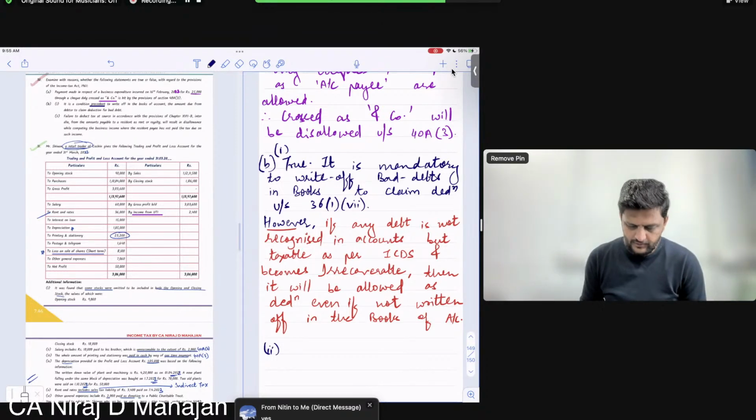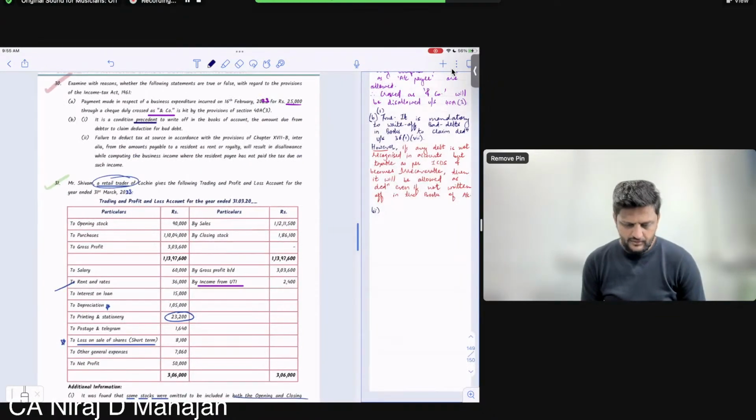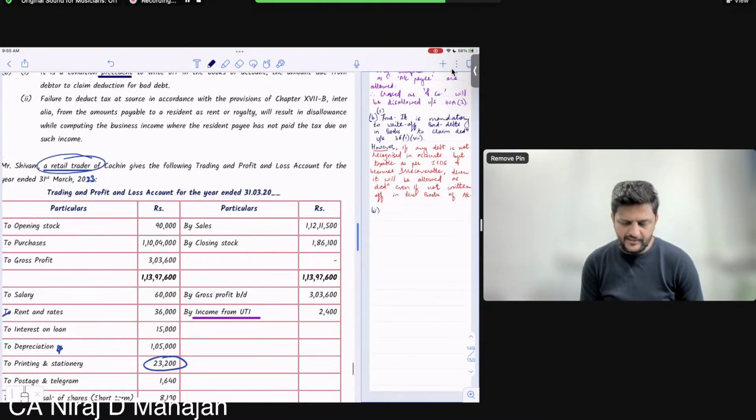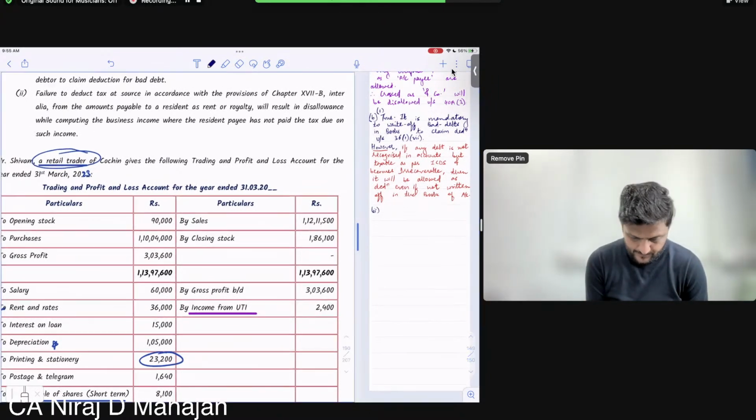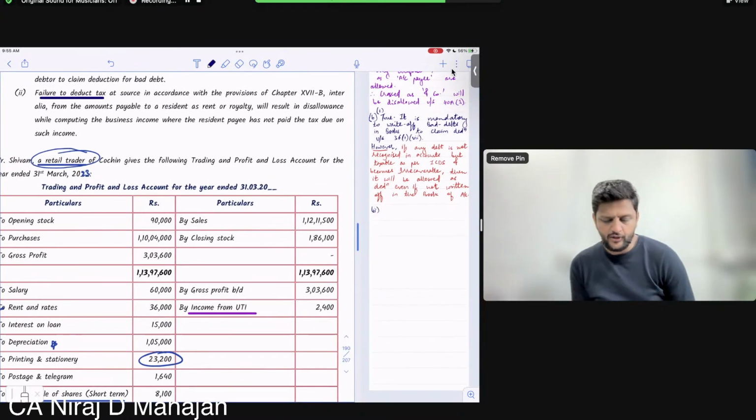Second part under that. Failure to deduct the tax at source in accordance with provisions of chapter 17B, not 6, 17B, it is about TDS. Okay, so TDS, TDS, TCS both. Inter alia means among themselves or among itself.